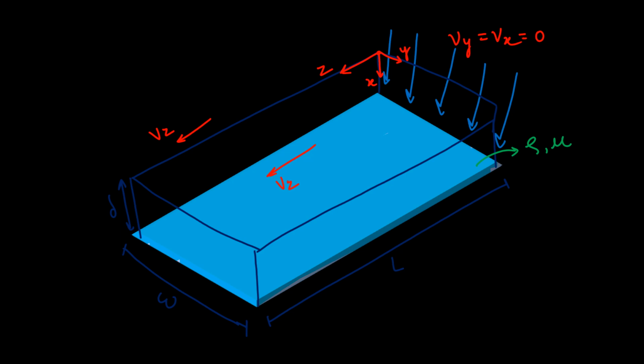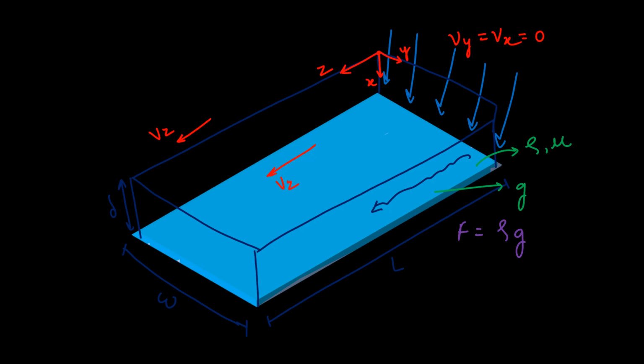So the force acting on it is gravity force, right? This flow is because of gravity. So what I'll write, force acting on it is equal to rho g delta x.